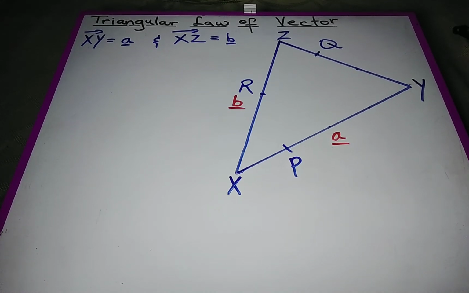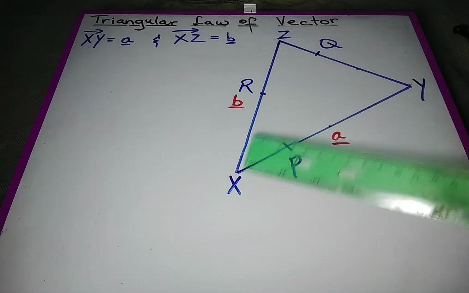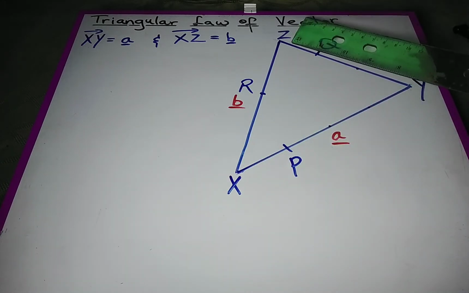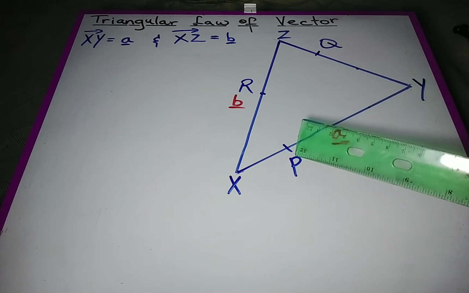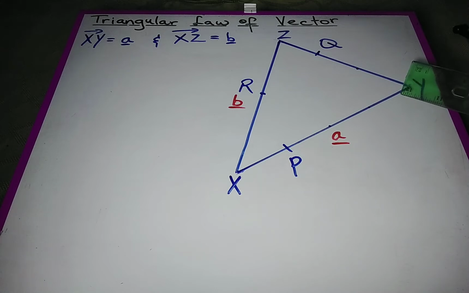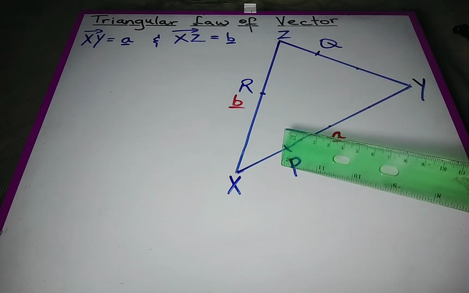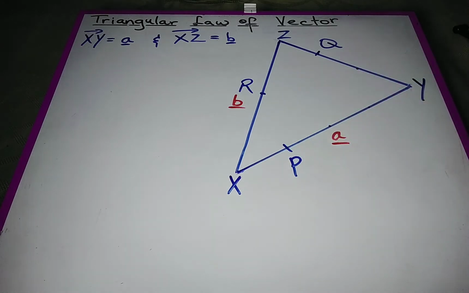In this video, we are going to apply the triangular law of vector to this question. The question reads, XYZ is any triangle where P lies on XY such that XP is a quarter XY.